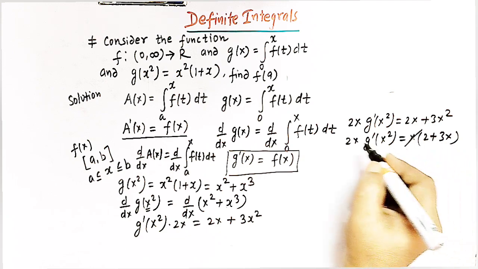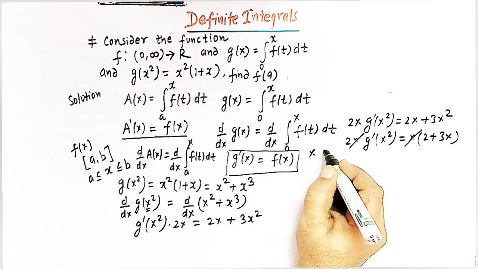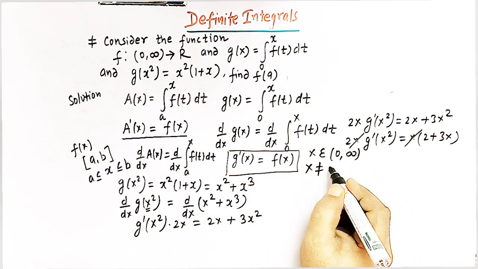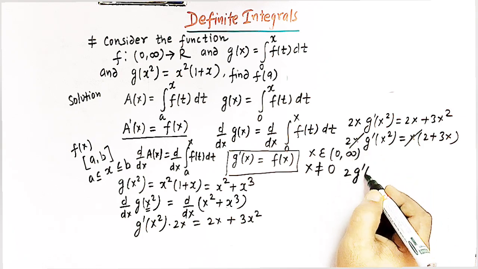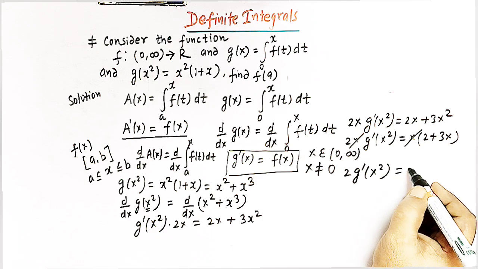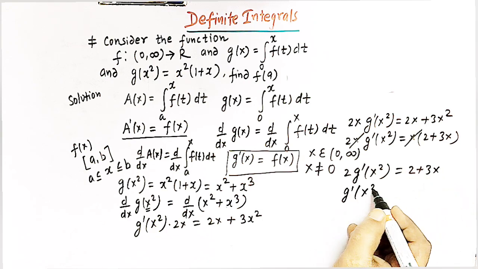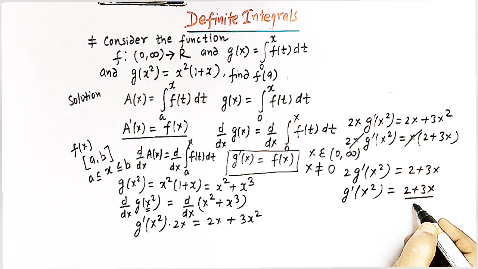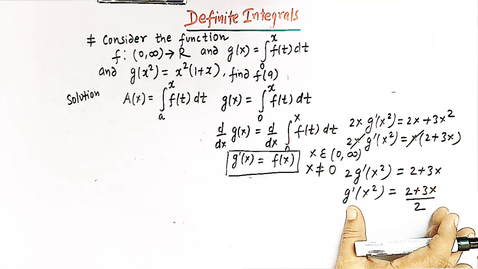Now we can cancel this x with this x, because x belongs to the interval 0 to infinity and x is not equal to 0. So we have 2 times g prime of x square is equal to 2 plus 3x, so g prime of x square is equal to 2 plus 3x divided by 2. Now this is a functional equation.